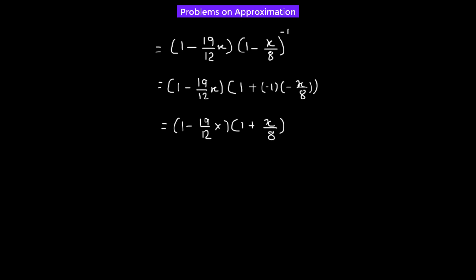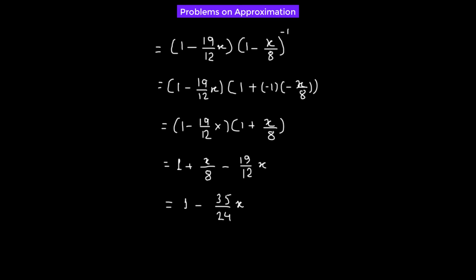So we have two expressions. Now we're going to multiply them using the FOIL method. So we'll have 1 plus x over 8 minus 19 over 12 x, and we're going to neglect the x squared term. So this will give us 1 minus 35 over 24 times x.